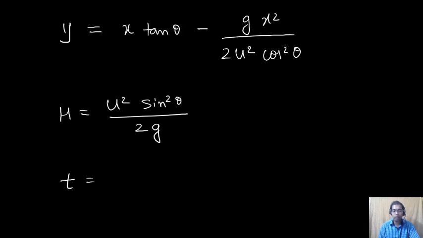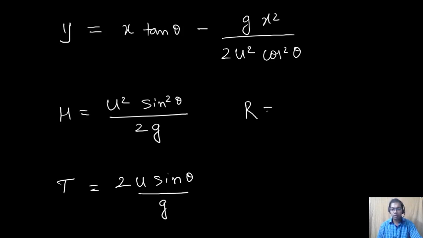We went ahead and found the total time for travel. So time of ascent we found, but we would like the total time of travel, so capital T is 2 times u sine theta by g. We found the range to be nothing but u square sine of 2 theta by g.